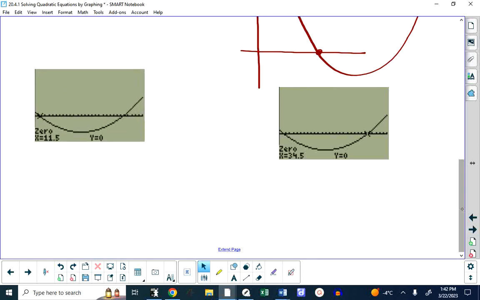You get these two x-intercepts. Okay. Now comes the tricky part, and some of you at the end of this little explanation are going to go, oh man, it doesn't matter. What difference does it make? It will matter later.